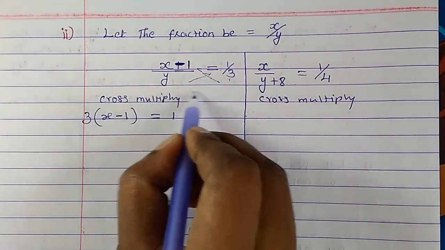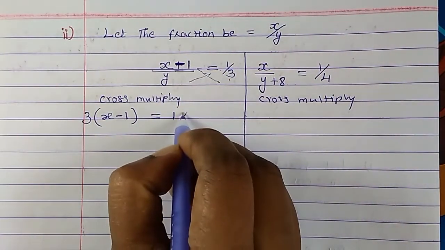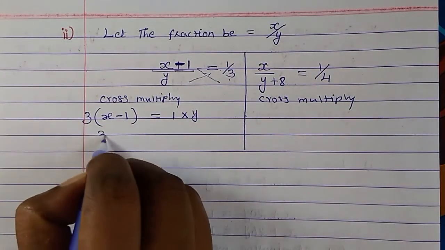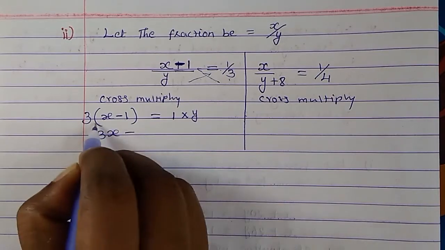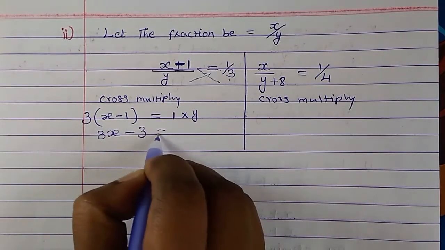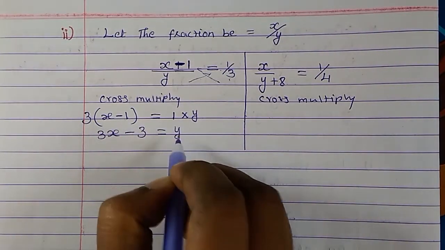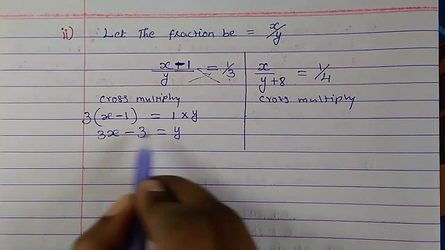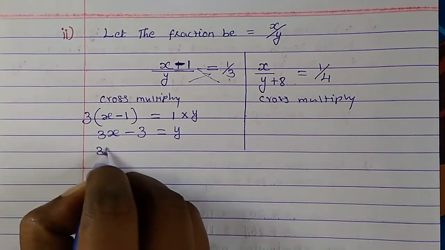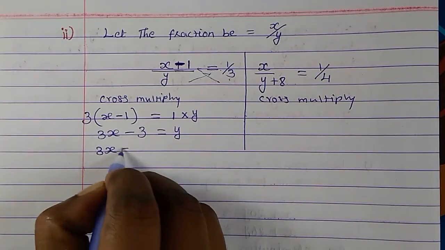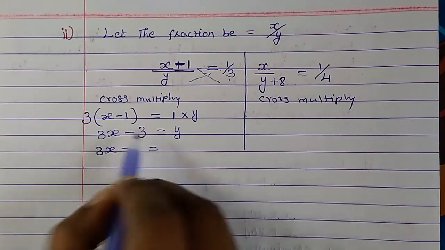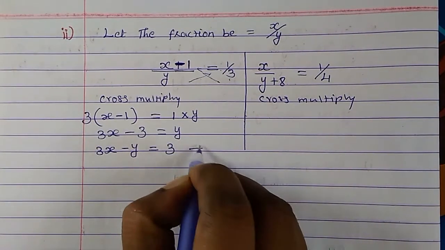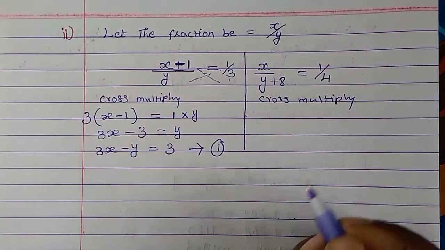This is in division; when it goes to this side, it becomes multiplication. So let's multiply now: 3x minus 3. Here 1 into y will give us y. We'll bring the variables to one side: 3x, and y comes here as minus y. Minus 3 when it goes to that side becomes plus 3. This becomes our proper equation 1.